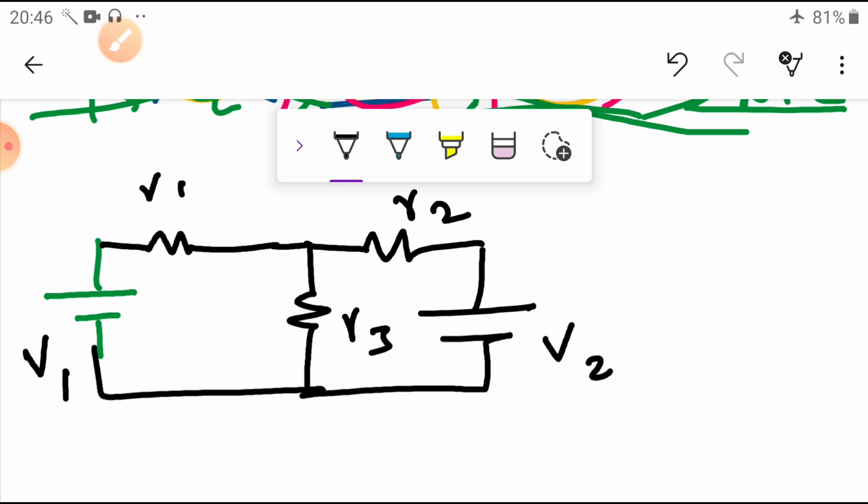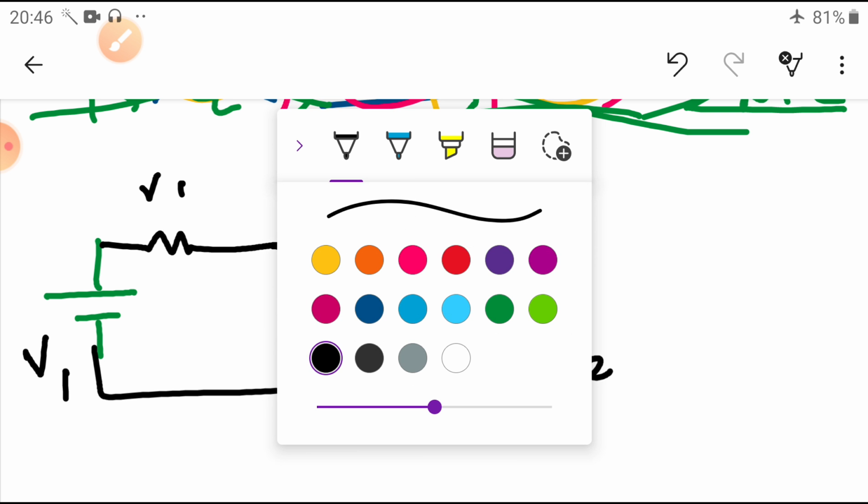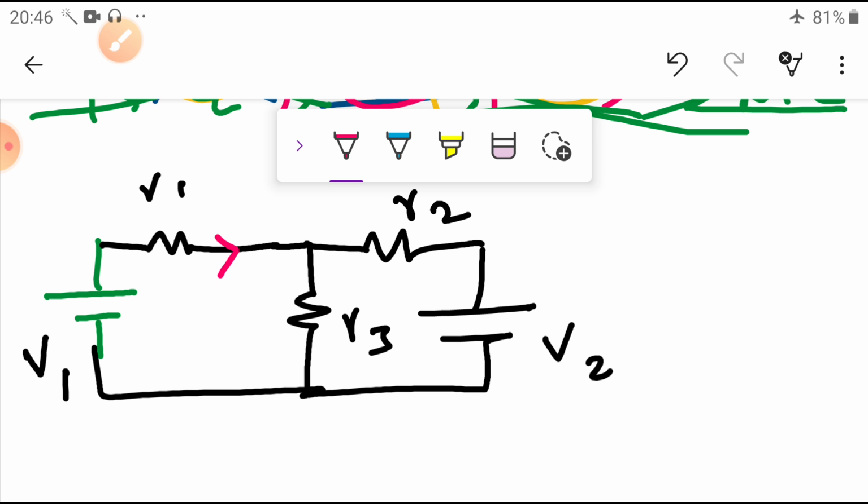Now we represented the current here as I1. The current in the circuit is I2. We can say it is I2. The current we have taken here is I3. From the source, this is the I1 current, this is the I2 current, this is the I3 current. So here I want to know the I1 current from the V1 source, the I2 current from the V2 source, whereas the R3 current is the sum of the currents.